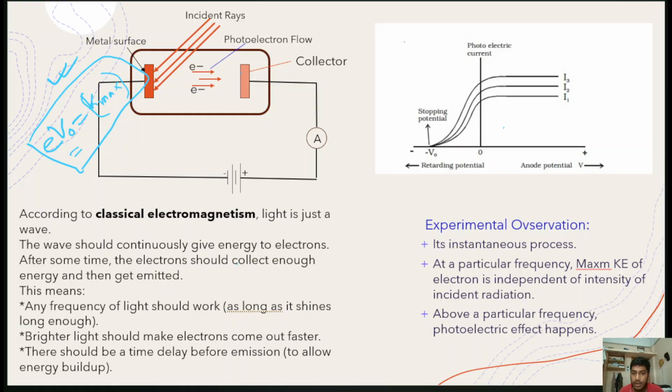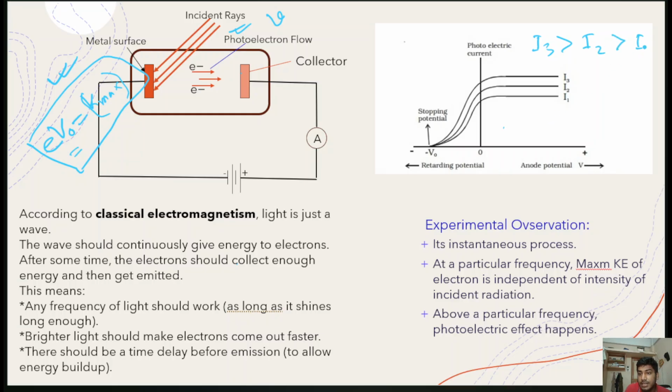Now, that's the experimental graph. Here you can see that if we do not change the frequency of the incident rays, a frequency of nu, but we change the intensity, intensity meaning brighter light, here I3 is greater than I2, greater than I1.